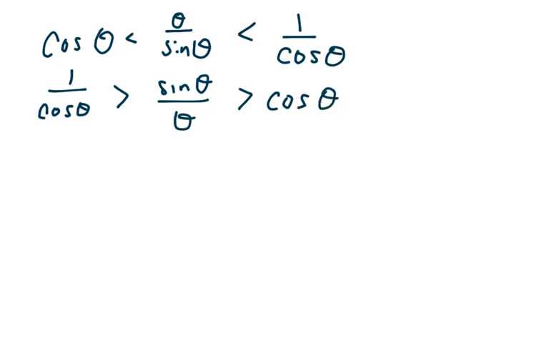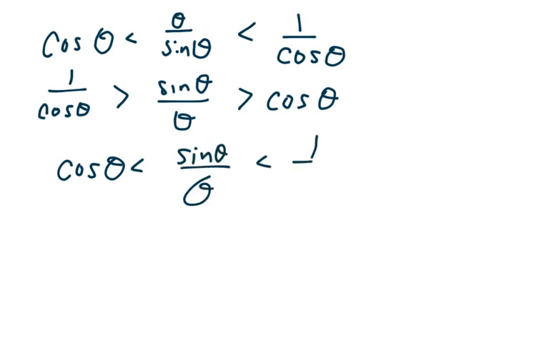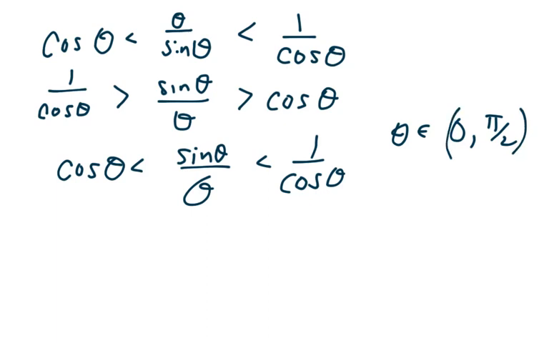And so I'm going to rewrite that how we're used to seeing it. I have an upper bound and a lower bound. We're assuming theta is somewhere between 0 and pi over 2.